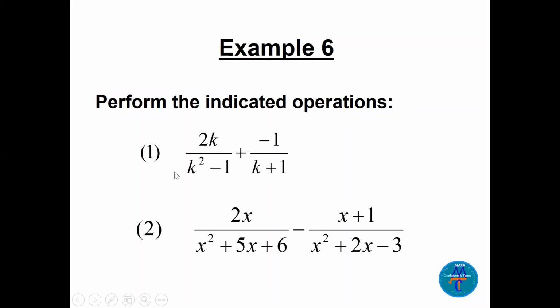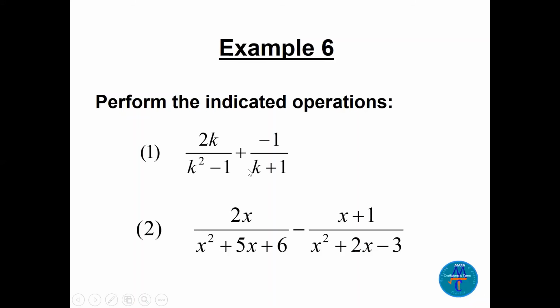Example 6, part 1. What do we do? Find the LCD. Why do we think of the LCD? Because the denominators are different. Here, the denominators are different. I cannot multiply these two.